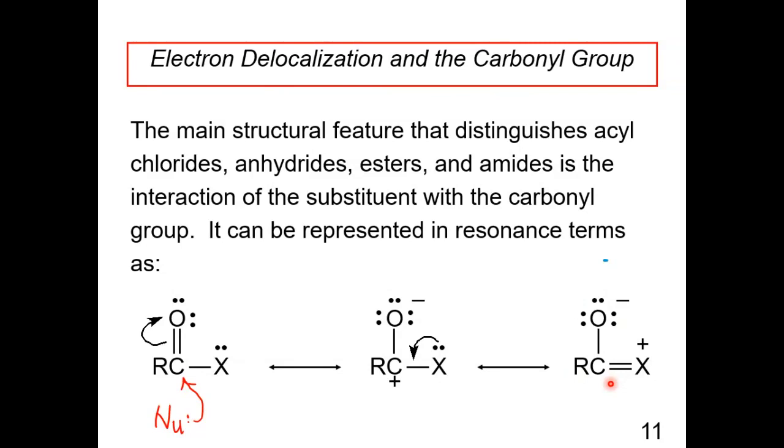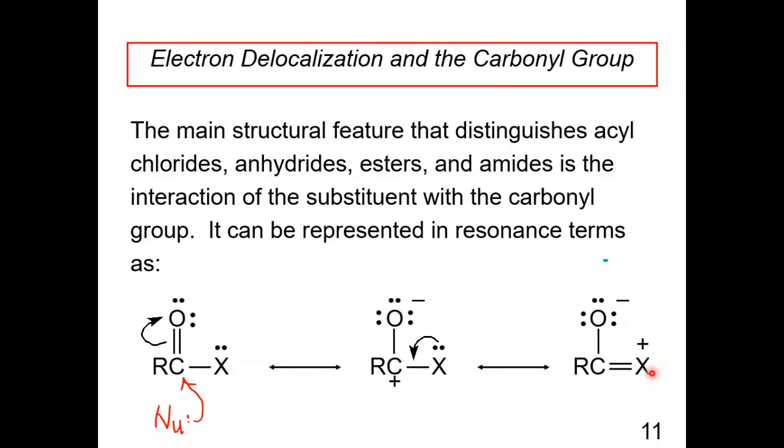So basically, for all the carboxylic acid derivatives, we look at qualitatively how much contribution this form makes. If in a carboxylic acid derivative this form makes very little contribution, that means the carbonyl group in this derivative is stabilized to the least extent. That will be the most reactive.